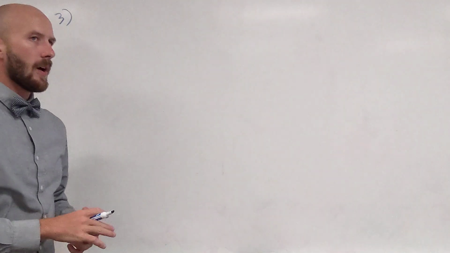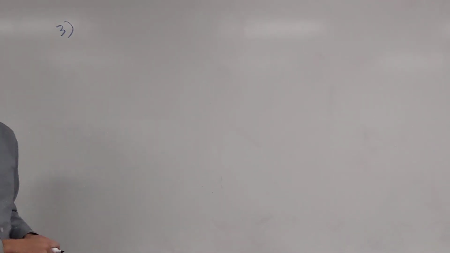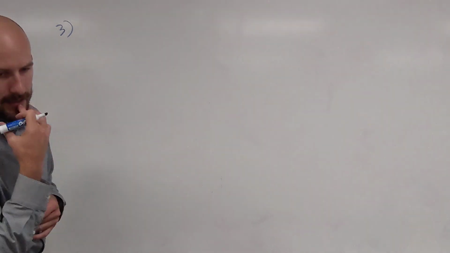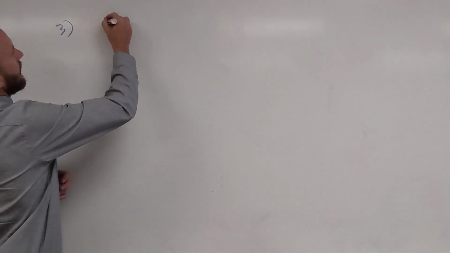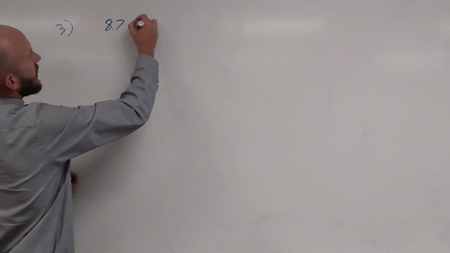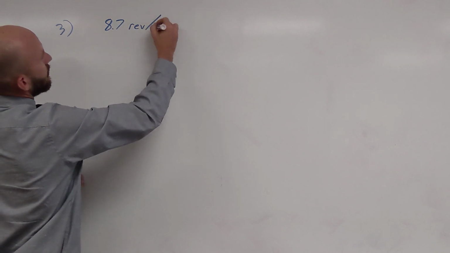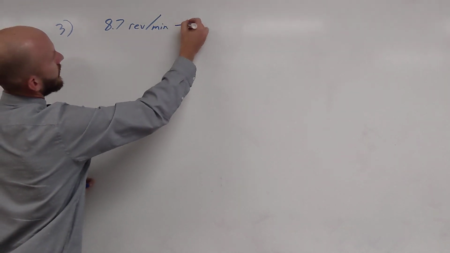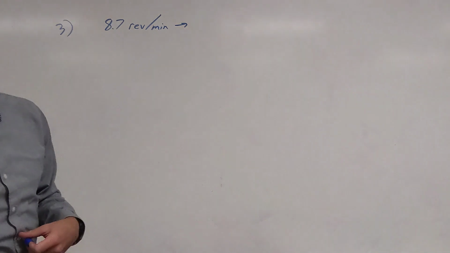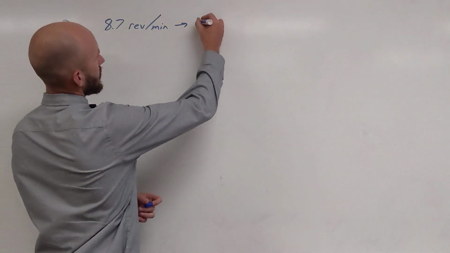Now, I'm going to show you guys how to convert using angular units, because that is something we're going to have to do for this section. So instead of dealing with distances, we're going to have 8.7 revolutions per minute, RPM. And I want to convert that to radians per second.